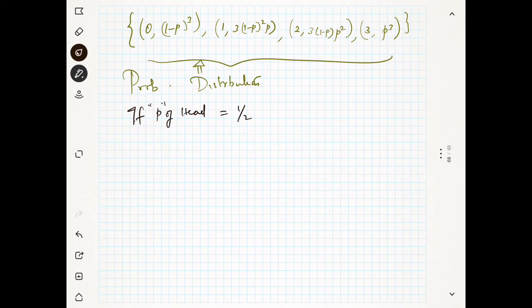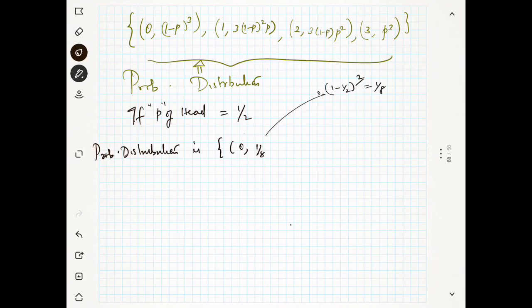Then my probability distribution is: for 0, it is (1 minus 1 by 2) the whole cube, which is nothing but 1 over 8.